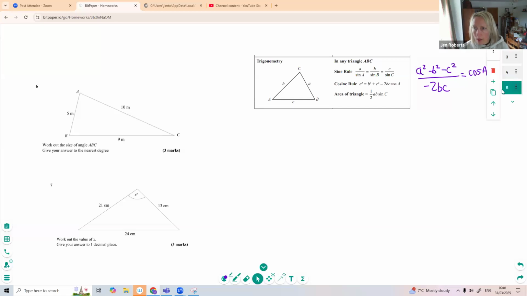Might do it on 2 pages. Okay, so for 6, we want angle ABC.